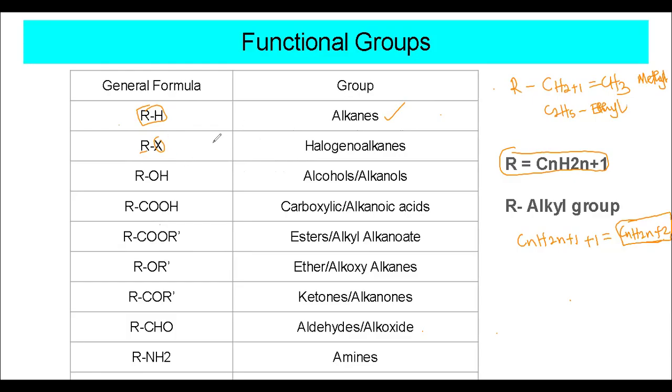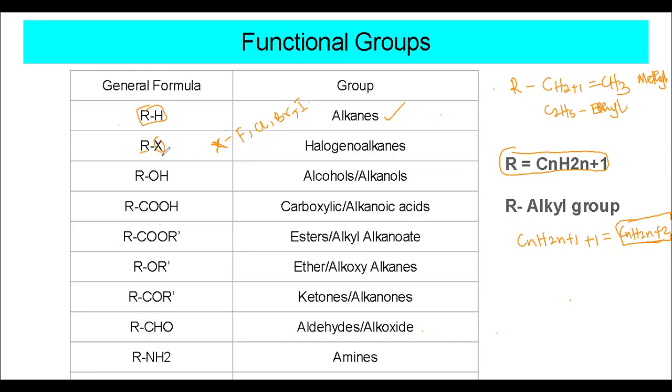Of course, halogens are all elements in themselves, so it can be any of these. It can be fluorine, chlorine, bromine, or iodine. Okay, so X represents any of the halogens: fluorine, chlorine, bromine, or iodine.